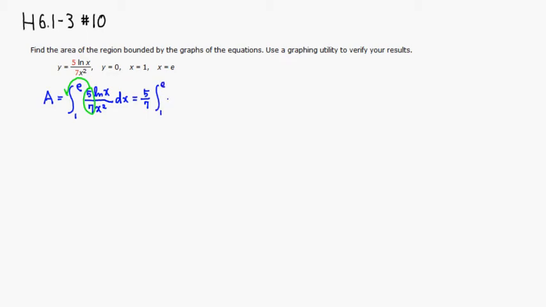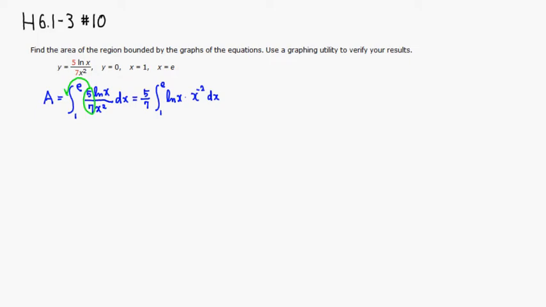I'm going to write the natural log of x first, times 1 over x squared, so I'm going to rewrite it as x to the negative 2, with respect to x.